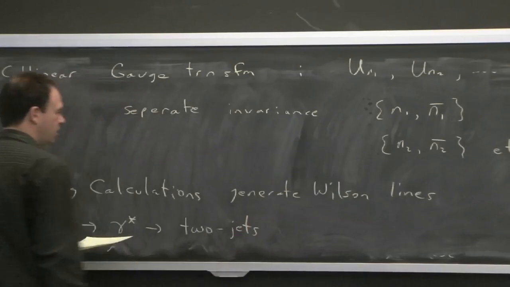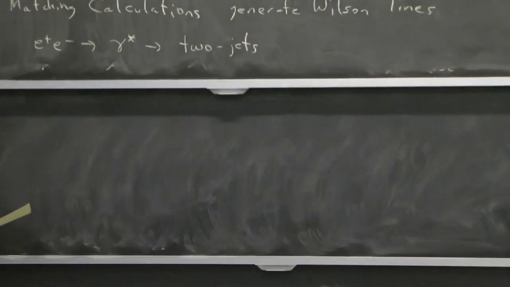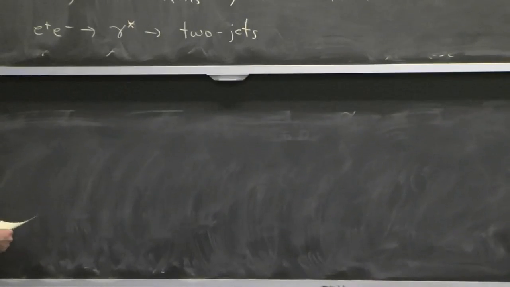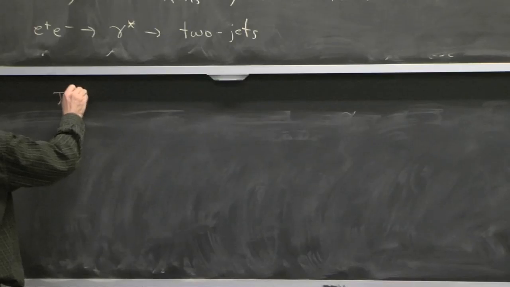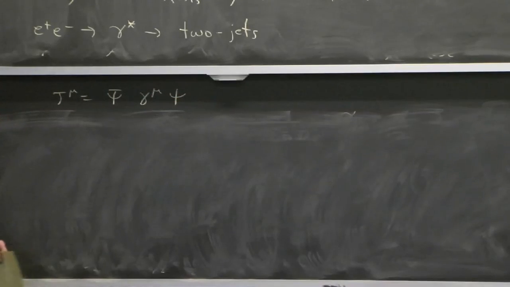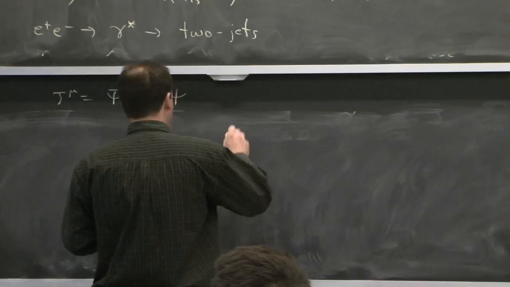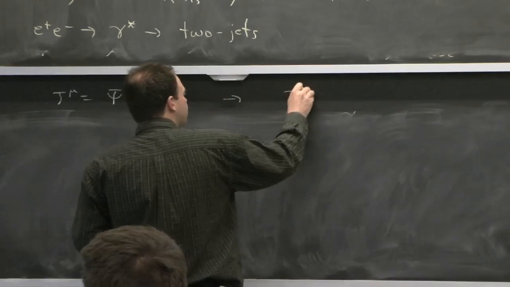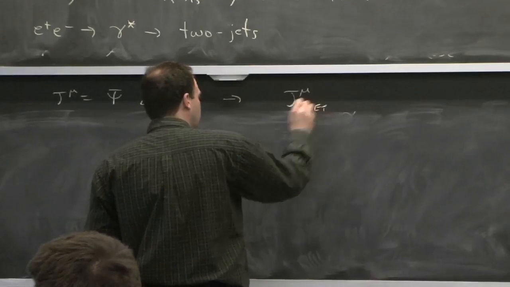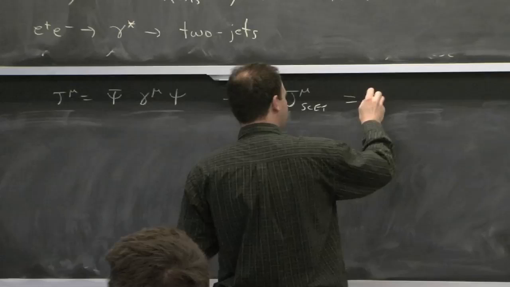So consider our example of e+ e- producing 2 jets. In the full theory, you just have a vector current from the photon. And if you want to match that onto the 2-jet operator, you can go through the same type of thing that we did when we were doing the b to s gamma example.